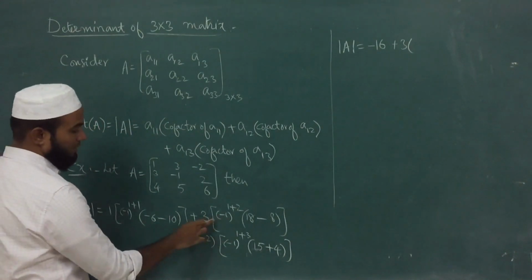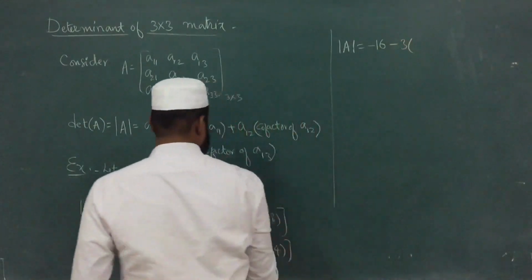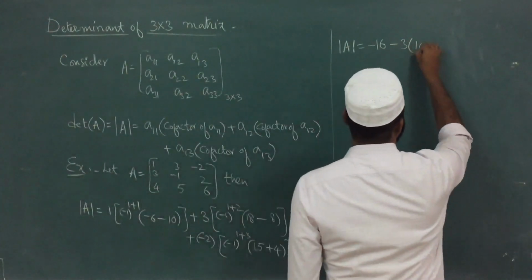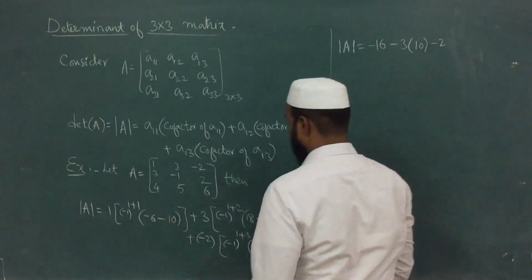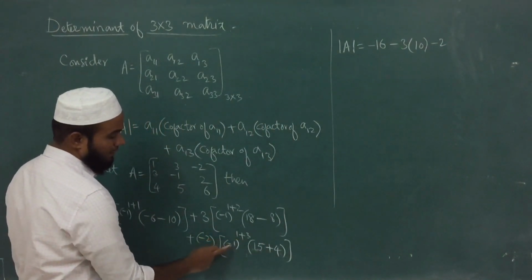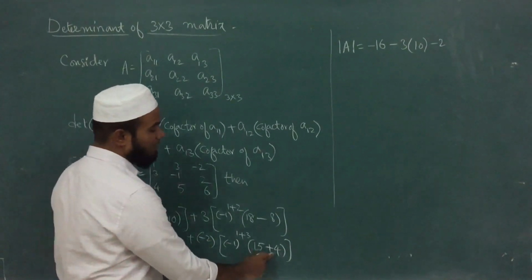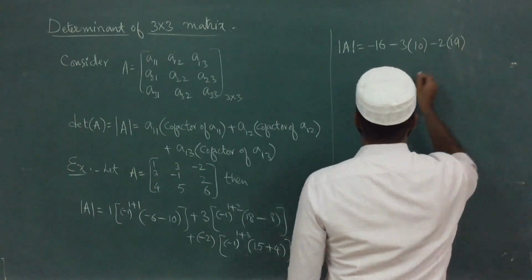So minus will come out and this plus will become minus. Then 18 minus 8 is 10, right? Then minus 2 into minus 1 power 1 plus 3, minus 1 power 4, which is even power, so this will become plus. Then 15 plus 4 is 19, right?